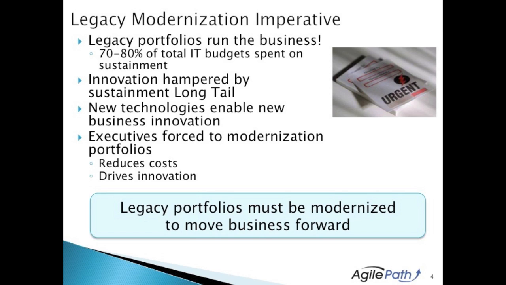Furthermore, the sustainment costs of that legacy portfolio fit a long-tail distribution model, where those costs stretch out almost into perpetuity, but also a lot of those costs are dominated by a few applications that, if you could attack them, modernize them, or kill them off, you would change the cost distribution curve substantially.